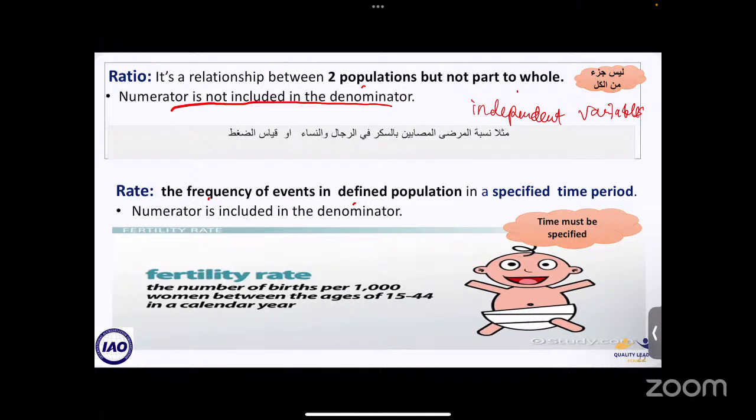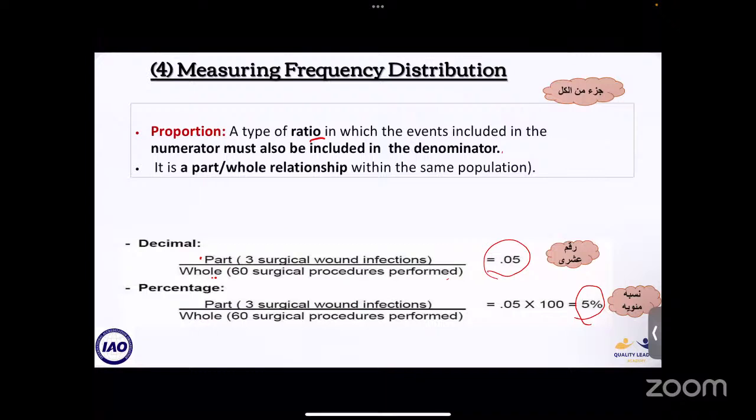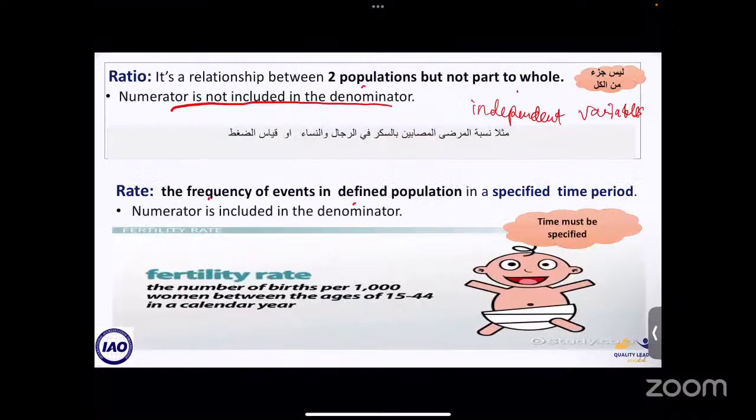So for example, let's calculate the rate of surgical wound infection a while ago. Suppose there were 60 total surgical cases, 3 of which resulted in infections. But this was within a specific year, for example, 2024.